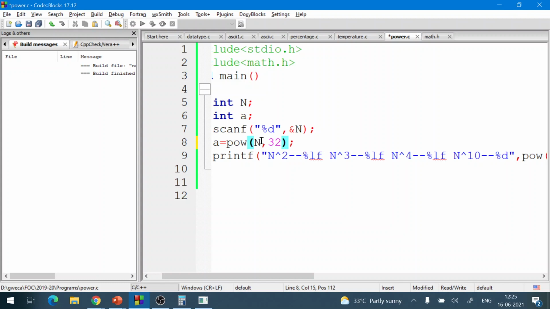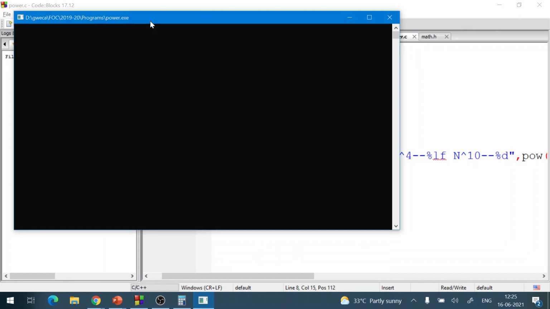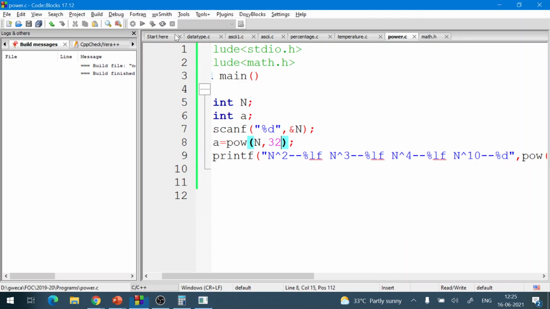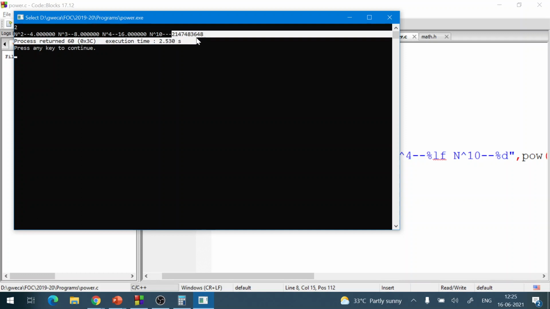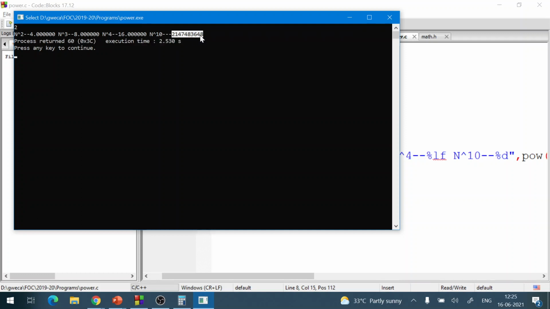Do you know what n raised to power 32 is? It is a 32 bit integer. So let us see what n raised to power 32 is. It is again going out of range. So 2 raised to power 32 is coming like this.